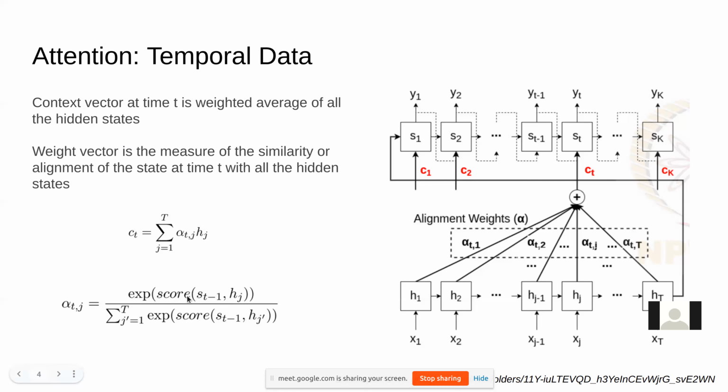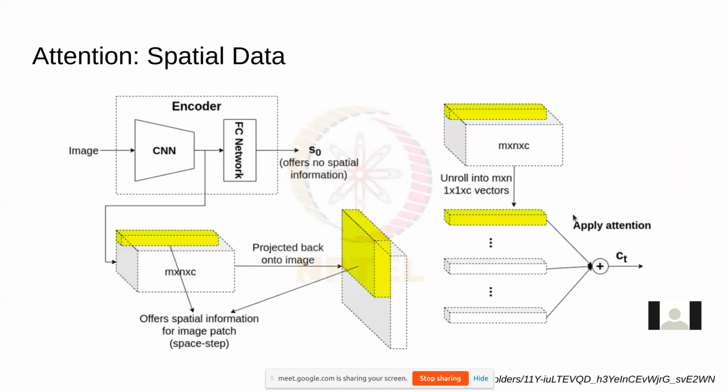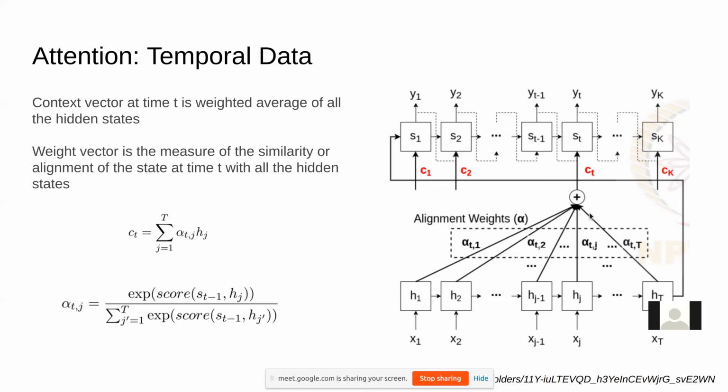So how do we compute this score? When we are computing ct for the current state, it will depend on the previous state and the hidden states. We want the hidden states that are very important to the current state to be given more weightage, so for that we will use this score function.